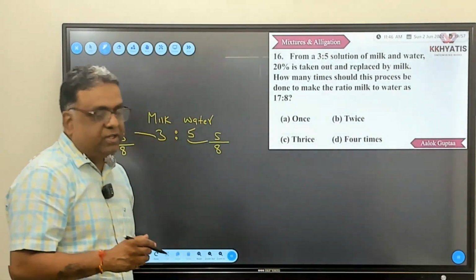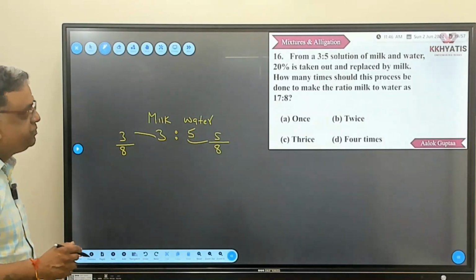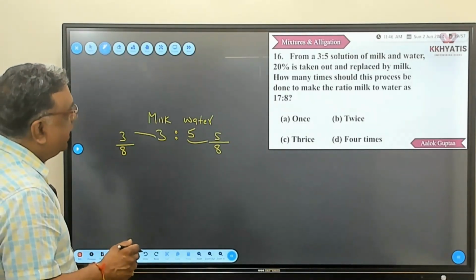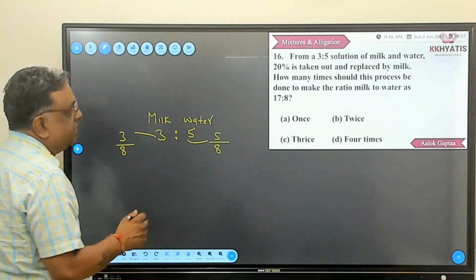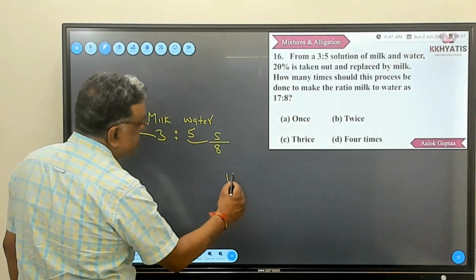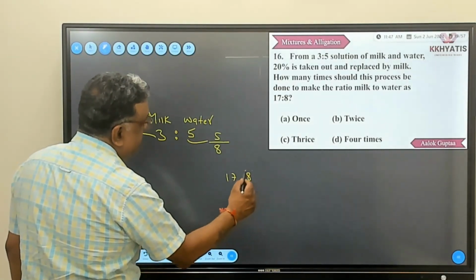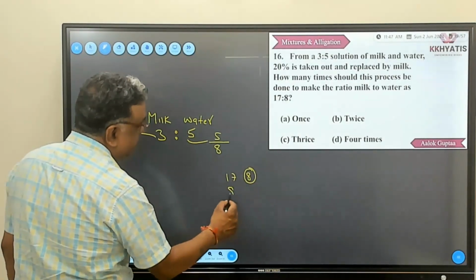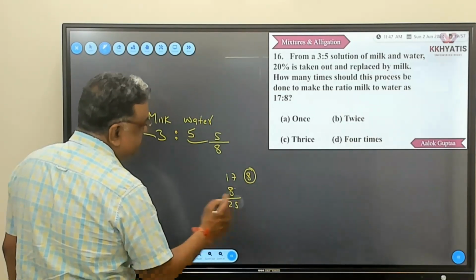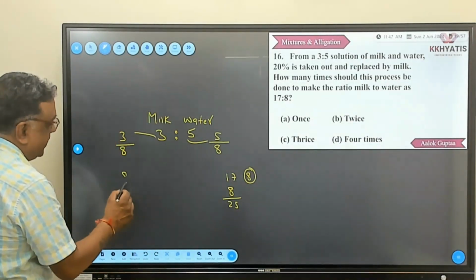Of what is taken out, water is taken out. And the final ratio of milk and water is 17:8, which means the final quantity of water is 8/25. So we'll apply that concept.